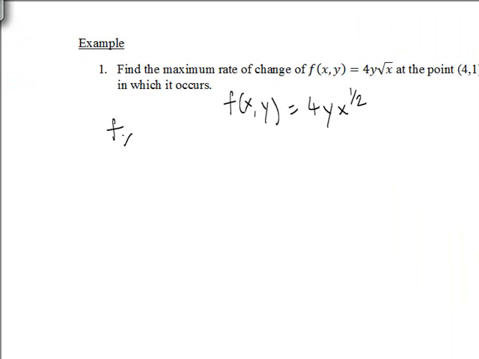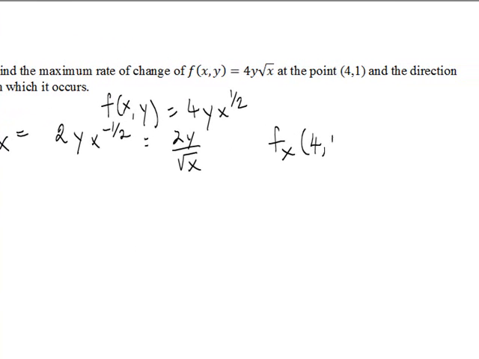The partial with respect to x is a half times 4, that's 2y x to the minus a half, which is 2y over square root x, and at (4, 1) it is 2 over square root 4, which is 1.